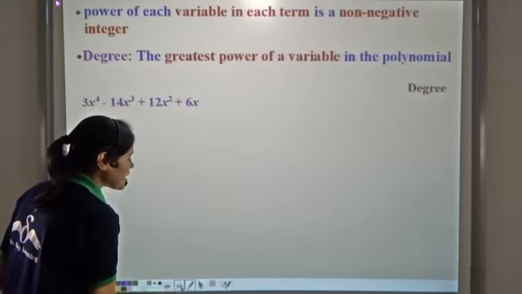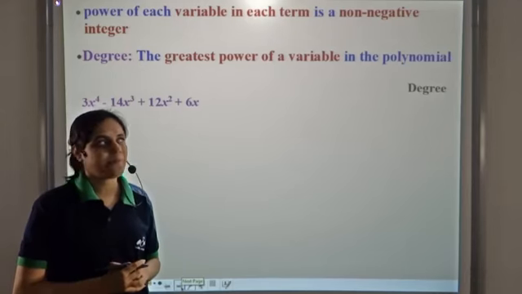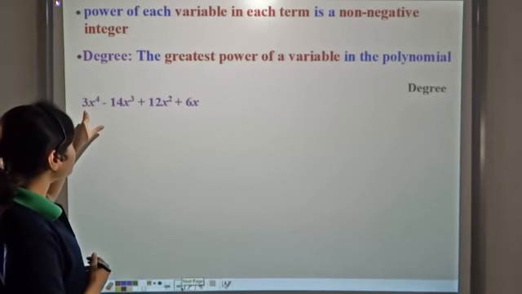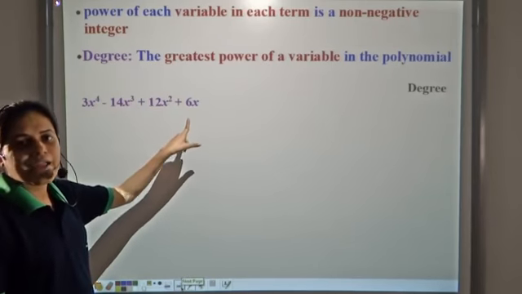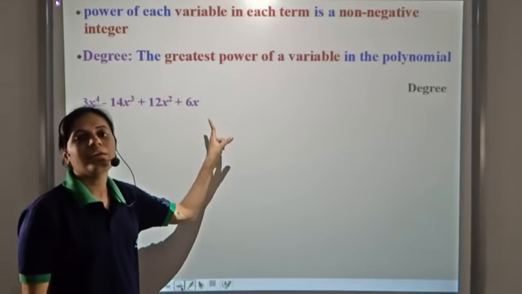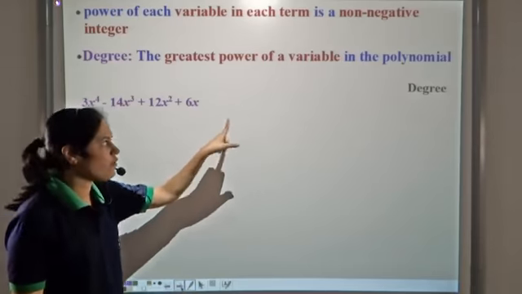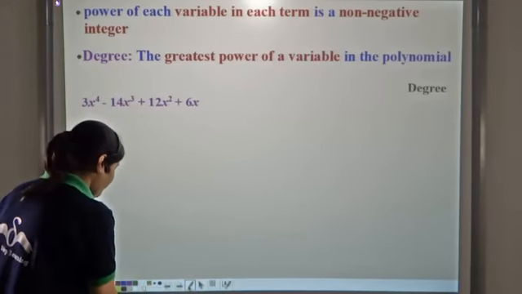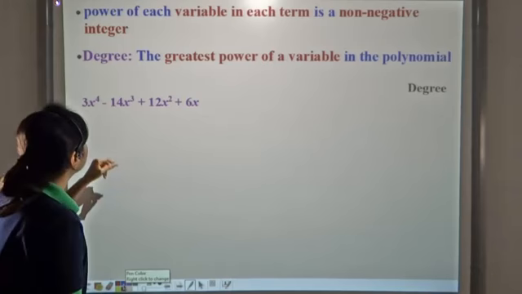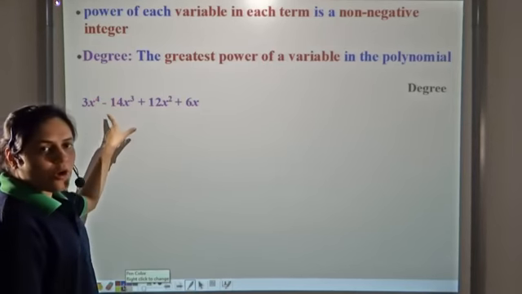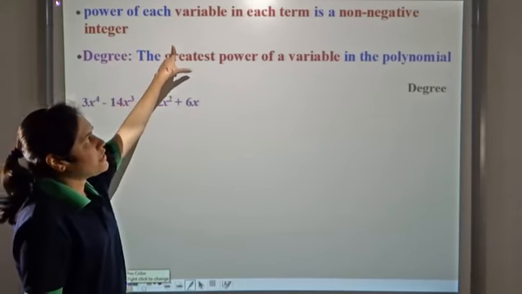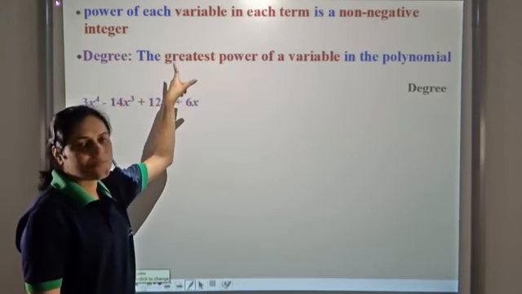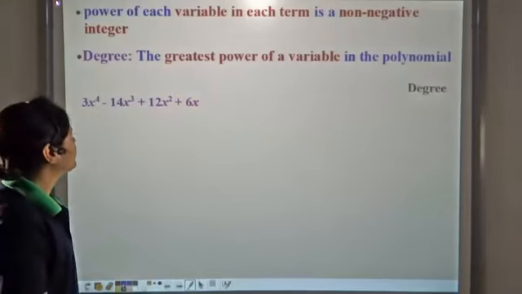Let us try and understand it with the help of some examples. First, we need to check whether this is a polynomial or not, and if it is a polynomial, we will calculate the degree of this polynomial. A polynomial is an expression in which the power of each variable in each term is a non-negative integer.